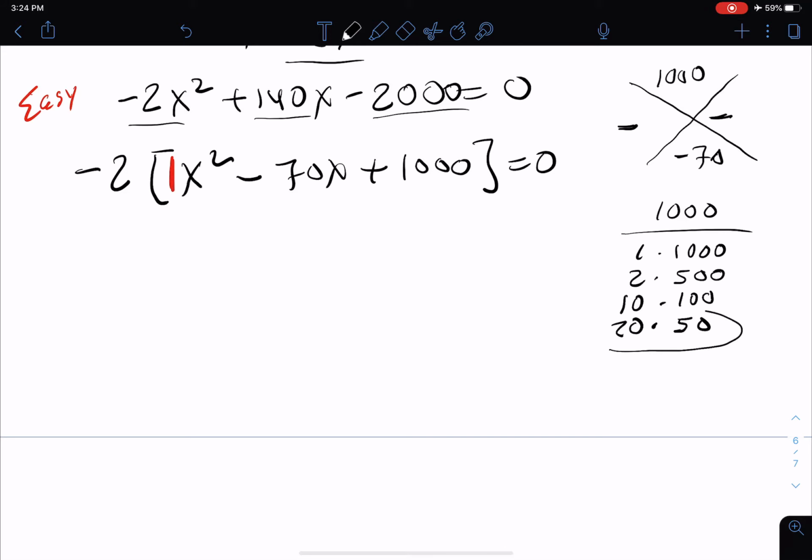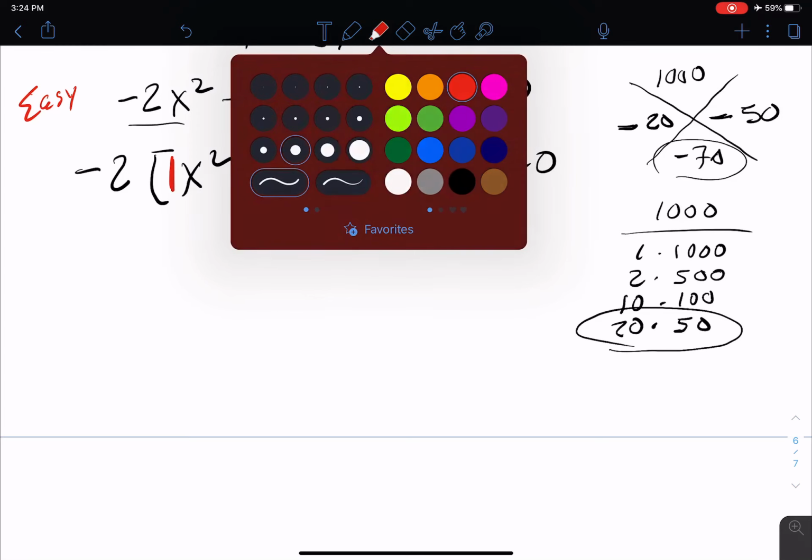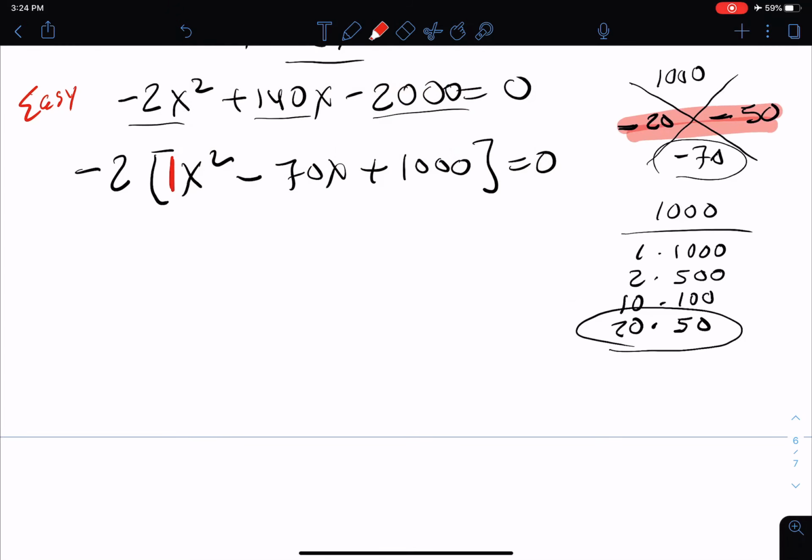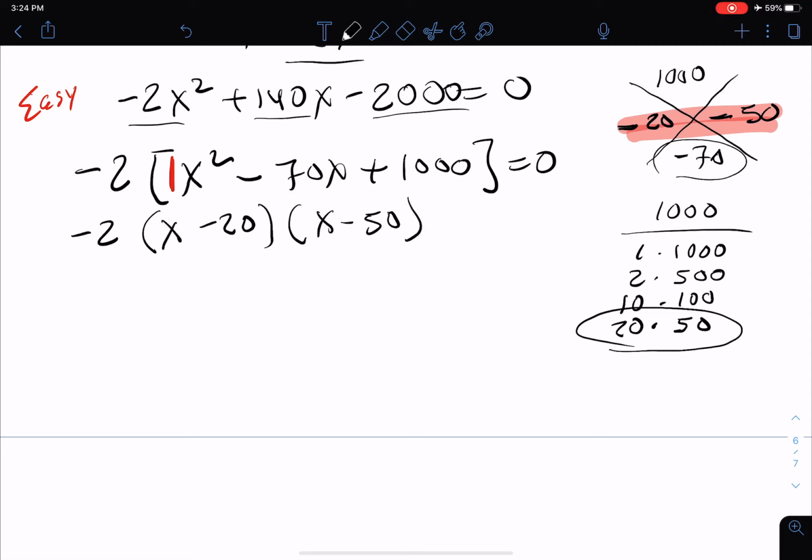And 20 and 50 also sounds really good for adding to 70, or negative 70 in this case. So negative 20 and negative 50 are our factors. And we're really happy that the rest of this, we don't have to group it. So negative 2 times the quantity of x minus 20 times the quantity of x minus 50 equals 0. Set each factor equal to 0.